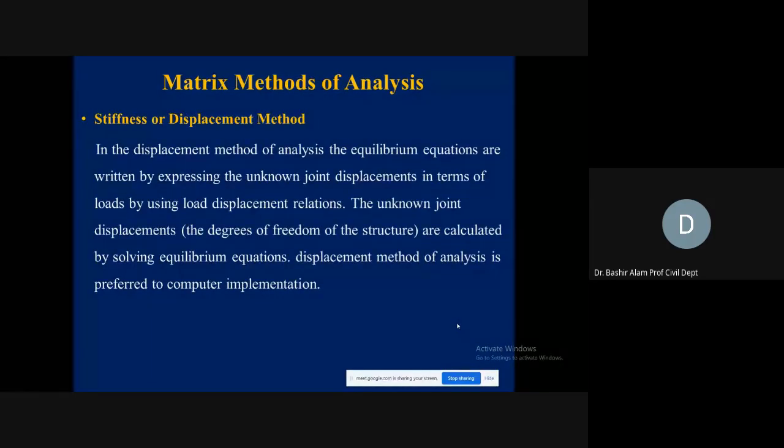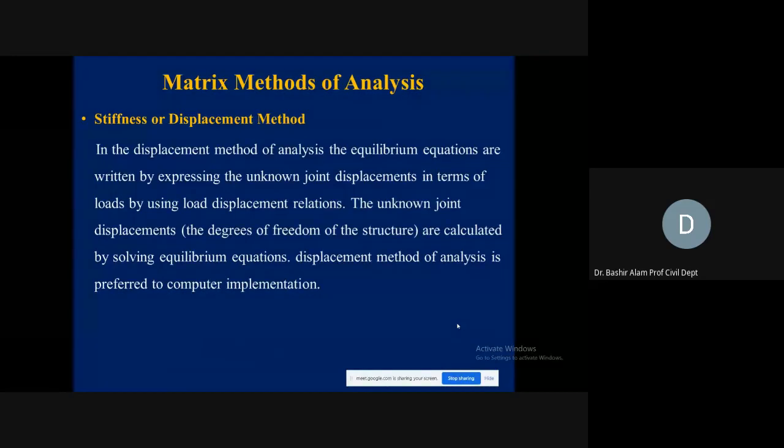Now, the stiffness or displacement method. In this method of analysis, the equilibrium equations are written. When we go to the comparison, you will see all these things. In the force method we were writing the compatibility equation, but here we will be writing the equilibrium equations by expressing the unknown joint displacements in terms of loads by using load-displacement relations.